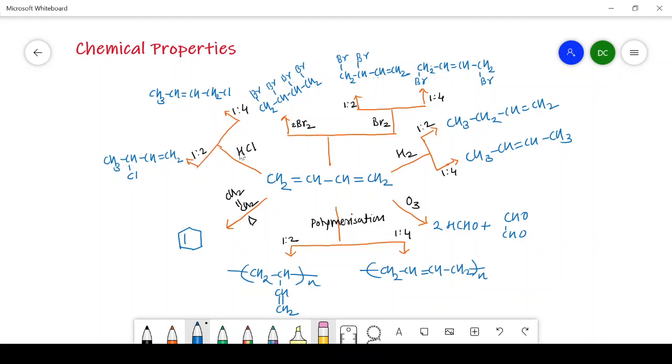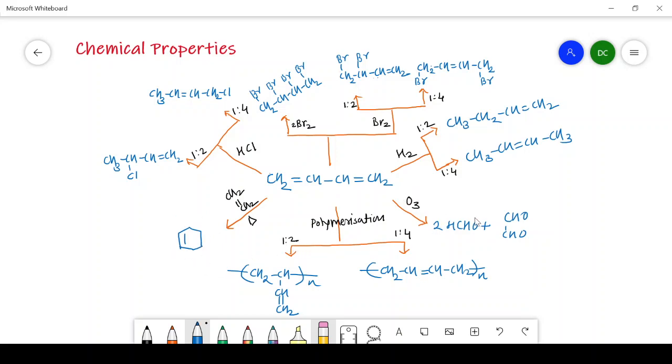With hydrogen chloride, it gives 1-chloro-2-butene or 3-chloro-1-butene. It also undergoes Diels-Alder reaction with alkene or alkyne to give cyclohexene compounds or cyclic compounds.